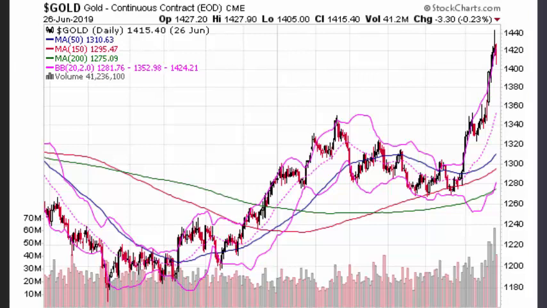In reality, it's been going up since August when it was briefly below 1,200. This move has been taking place for quite some time, and we've seen moves over the years where gold will top out and just go straight back down. So I'm very interested to see your analysis of what's going on in the XAU.